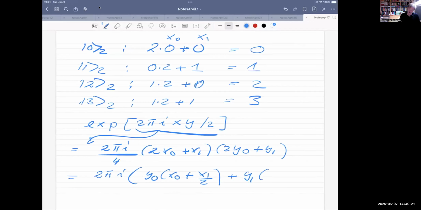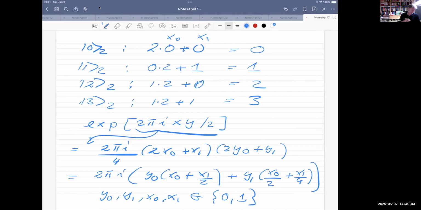And the reason why I'm doing this is I want to split the summations into a summation over y1 and y0. And just remember now that y0 and y1, and the same with x0 and x1, take values which are either 0 or 1. So that applies to both cases.